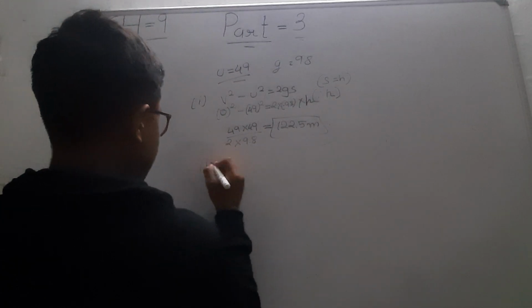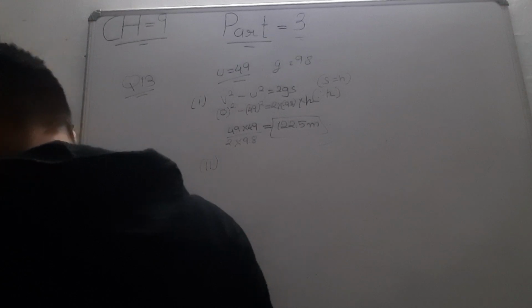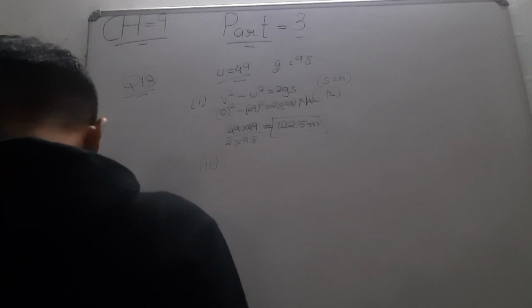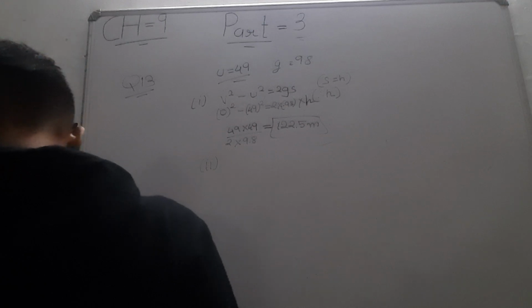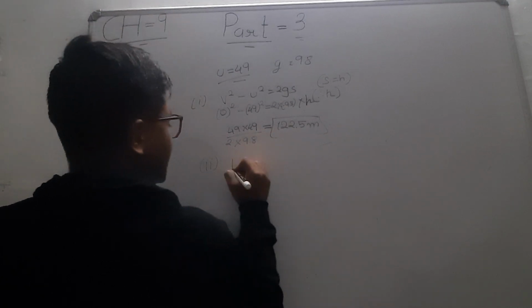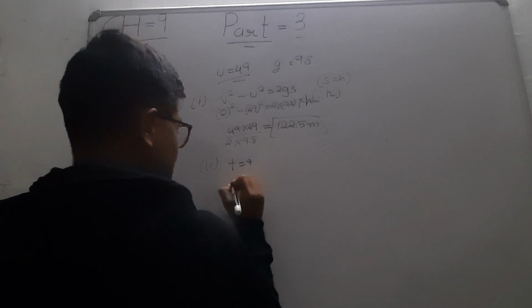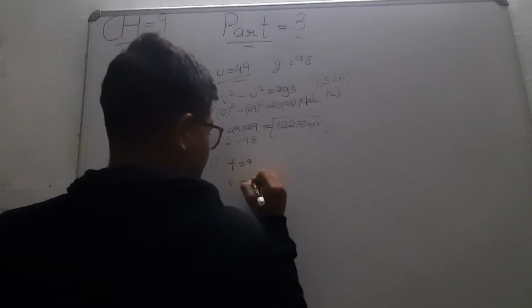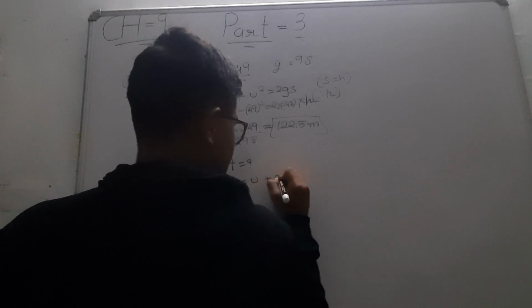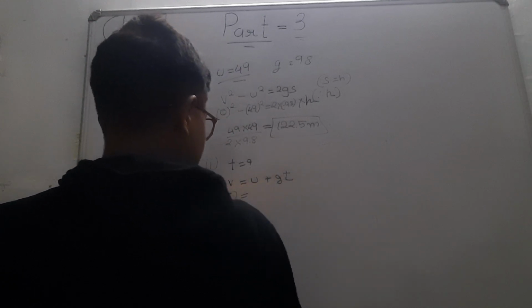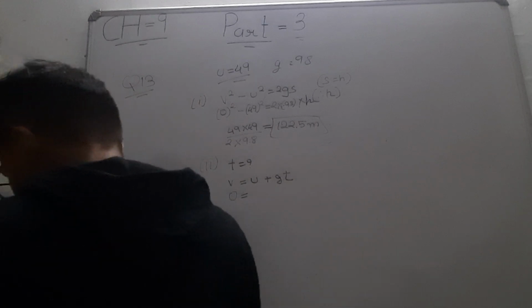And let's do the second. What is in the second part? The total time taken to return to the surface of the earth. Okay, we have to find the time. So we will take the equation v is equal to u plus gt.